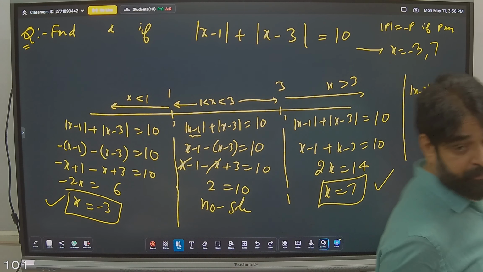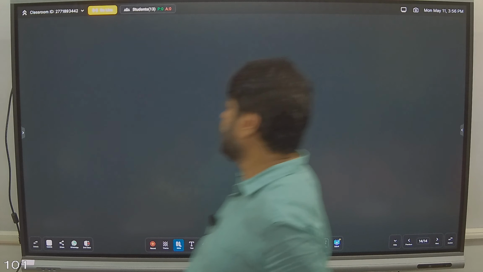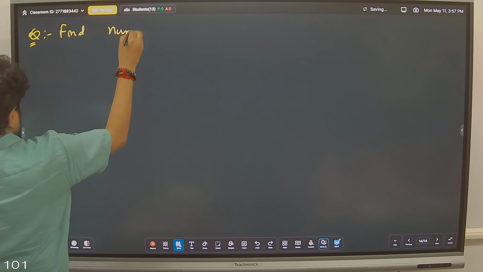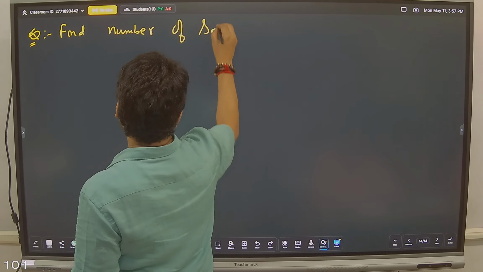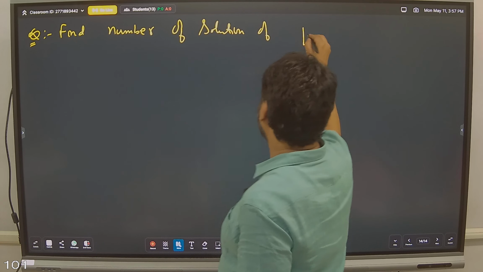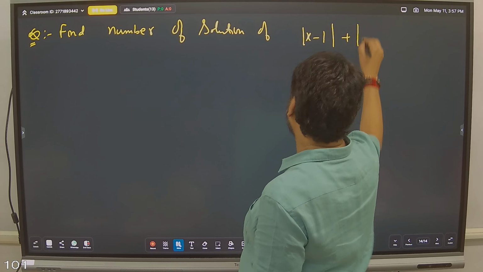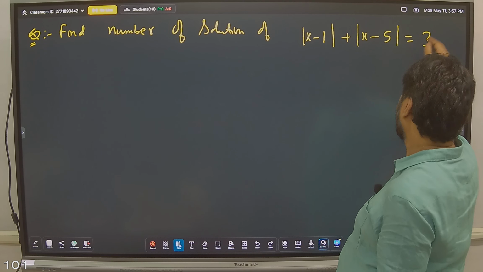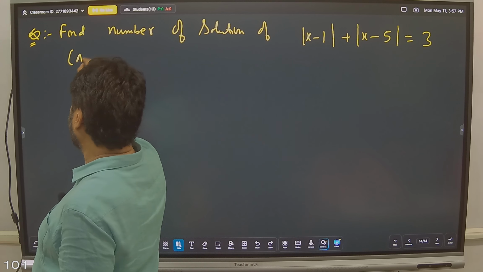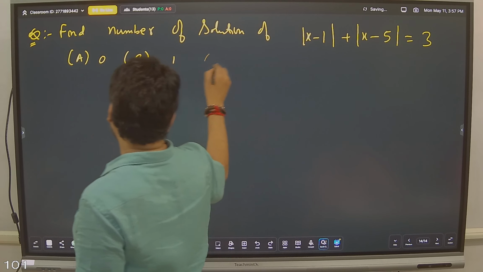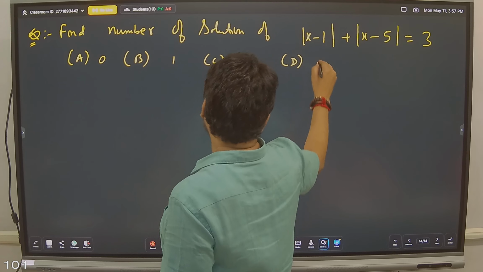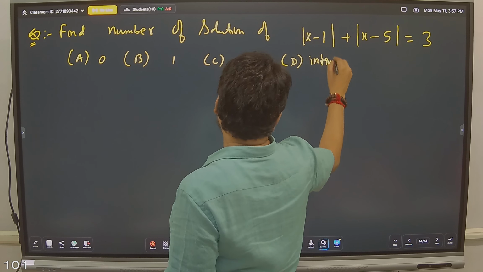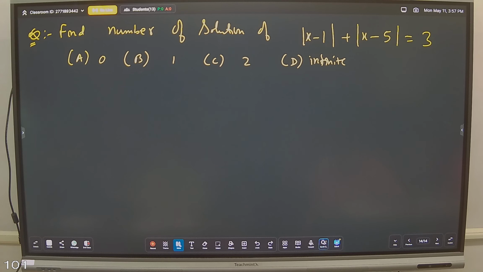Can I change the page? Do you understand the meaning of the question?